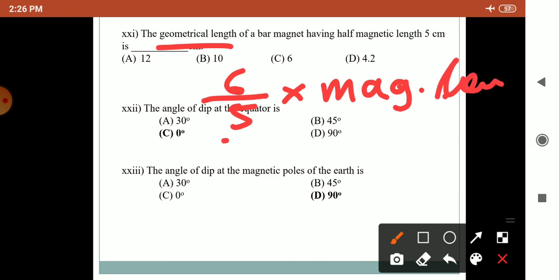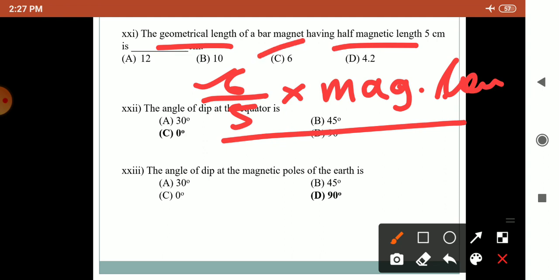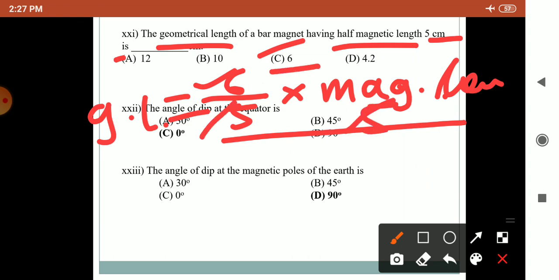By putting this in the formula, geometrical length is 6 upon 5 into 5, so 5 gets cancelled, and the remaining 6 is the answer.